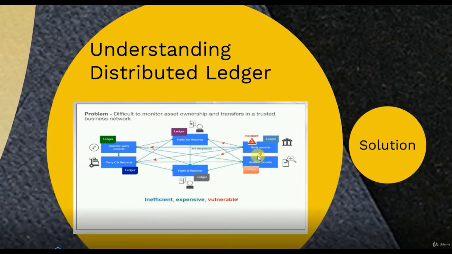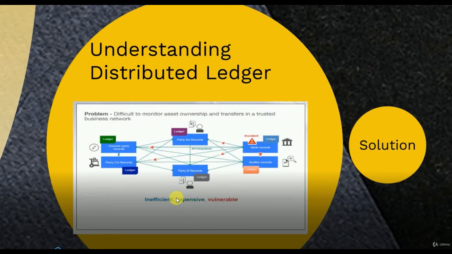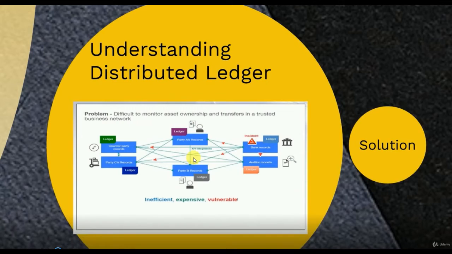The problem with this kind of architecture is that every time A is transferring funds to B or to C, or making any transaction, we need to check the ownership and trust the transfers in the network.